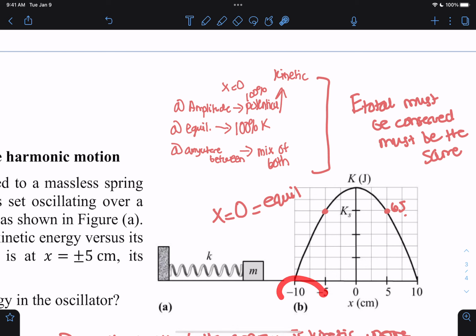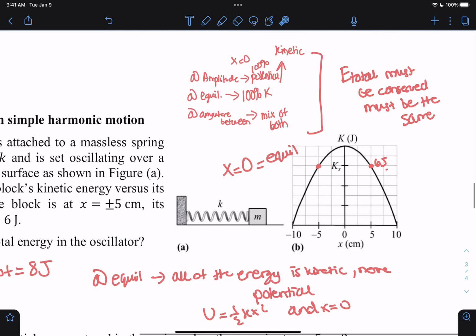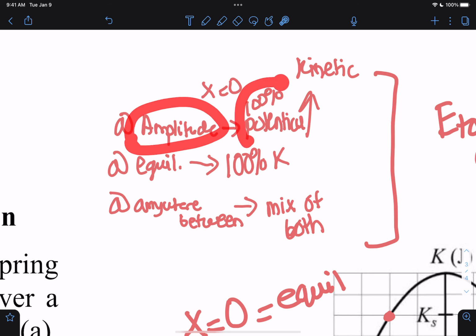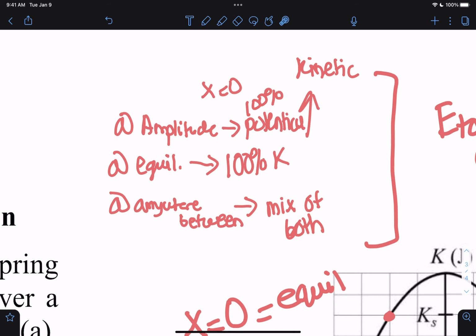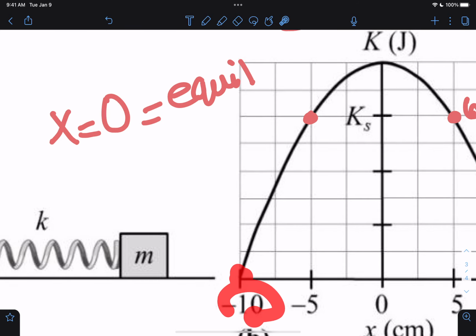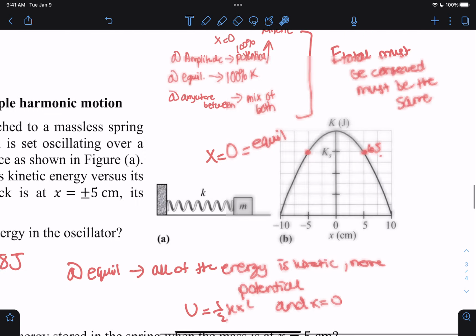So at your amplitudes, negative 10 or 10, those points are where K is equal to 0 joules. You have no kinetic energy whatsoever at the amplitude, because you have 100% potential. 100% potential, 0 kinetic. And so 0 kinetic occurs at negative 10 and 10 centimeters respectively, which is that 0.1 meters that I was looking at.